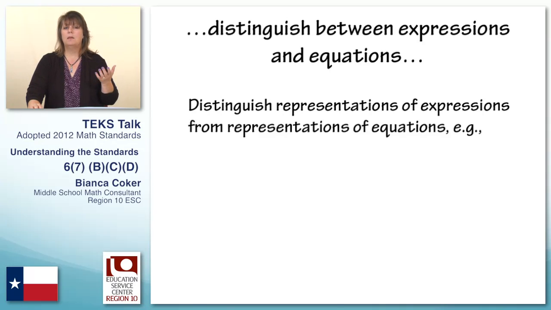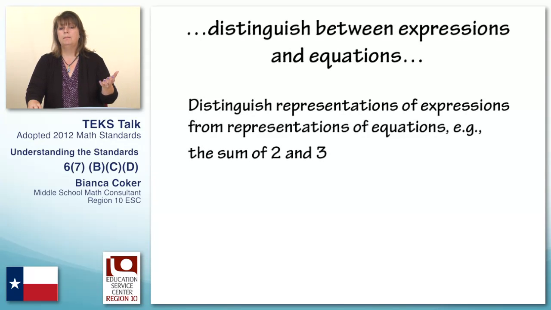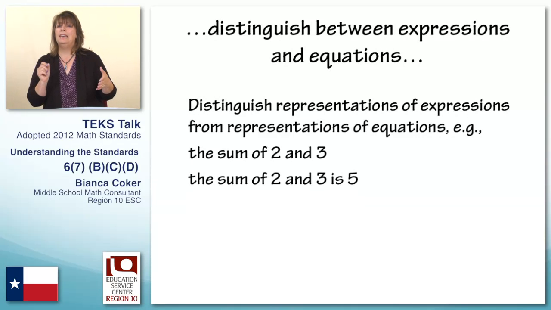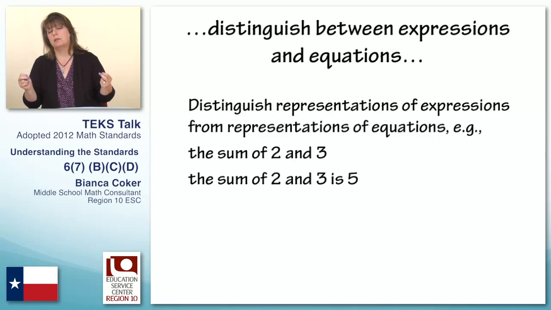So if we're talking about that, an example might be the sum of 2 and 3. That would be an expression. Or the sum of 2 and 3 is 5. We need that verb "is" to complete this mathematical sentence to make it into an equation.